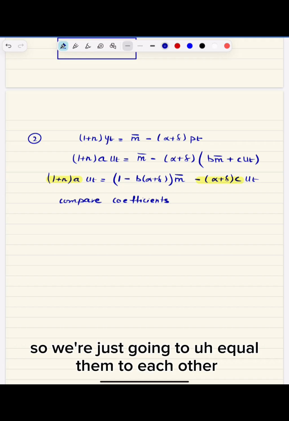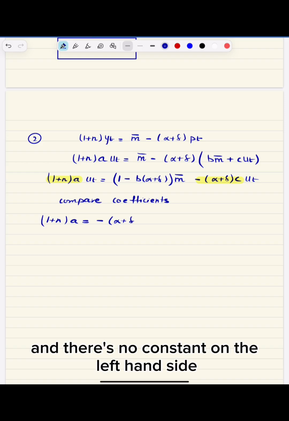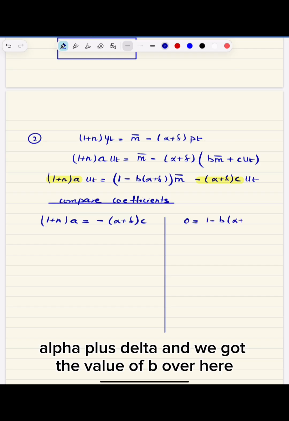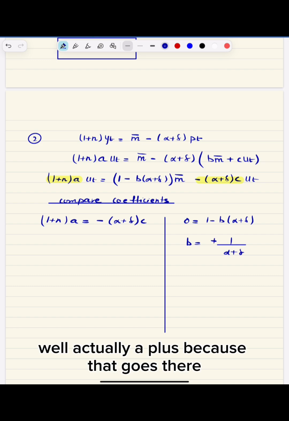So we're just going to equal them to each other, and there's no constant on the left hand side, so that means 0 is equals to 1 minus b alpha plus delta, and we got the value of b over here. So that was fast, like this was actually a plus because that goes there.